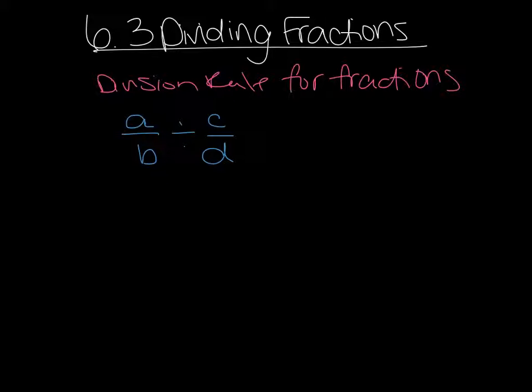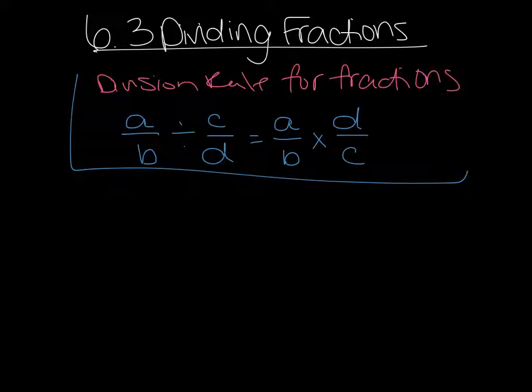What we do instead is turn it into a multiplication problem, because dividing is the same thing as multiplying by the reciprocal. So this is the same thing as a over b times d over c. We're going to take all of our division problems today and turn them into multiplication problems, and then the rest is the exact same as what we just did on Tuesday.